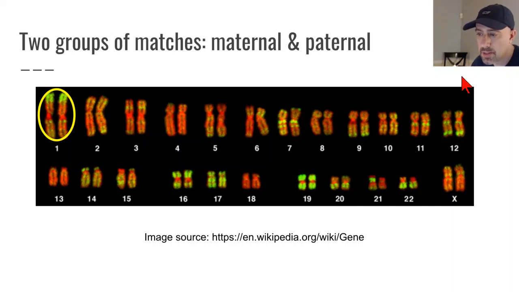And here's a little bit of the science behind that problem. Our entire genome is represented with DNA from both parents. So every location across every chromosome in the entire genome has DNA from both parents.